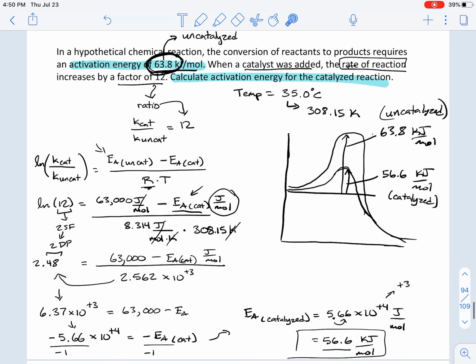And one way that it can do that is fixing the reactants at a very specific orientation such that it mimics the transition state. I'm sorry, not so much the transfer, so that the creation of the products can already be reached in a quick fashion.